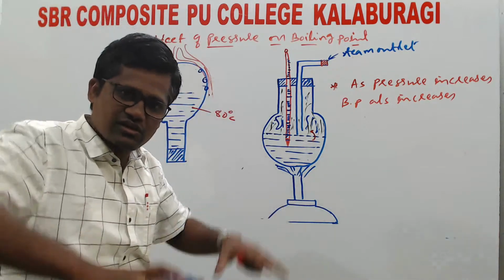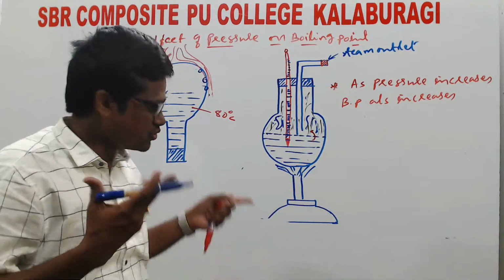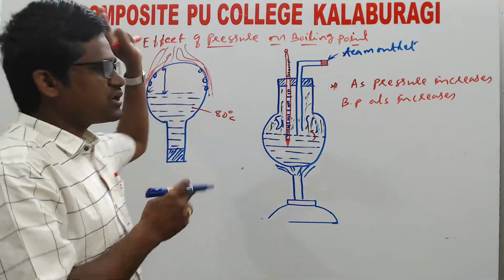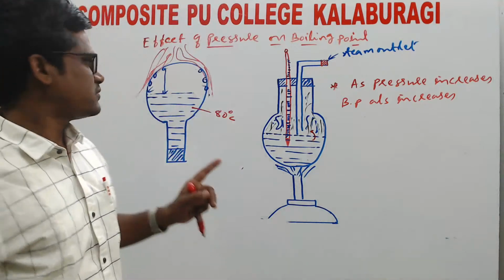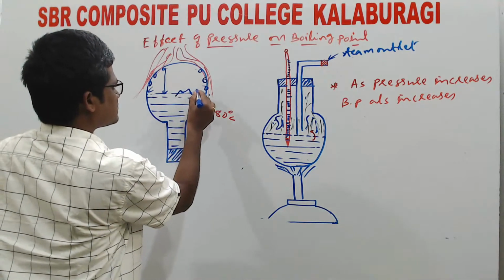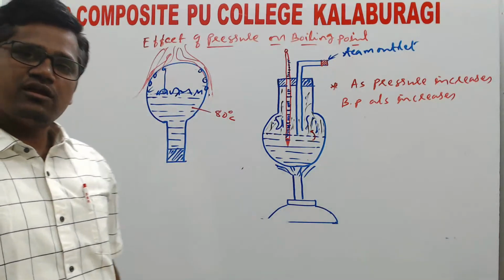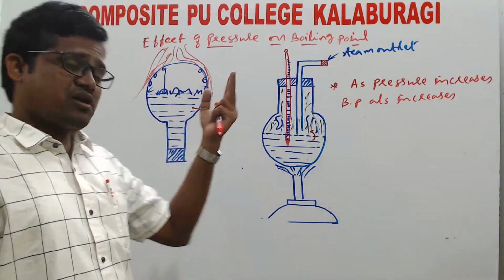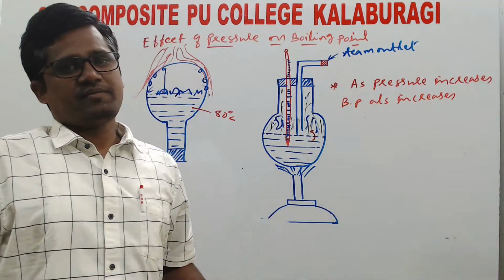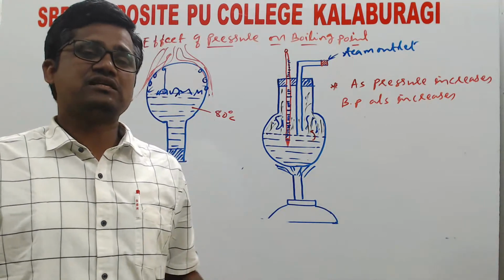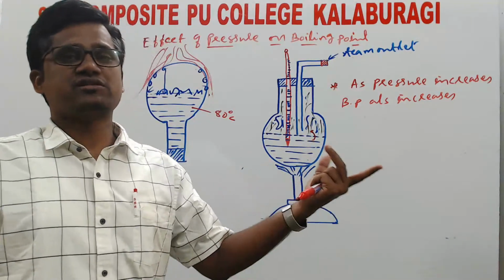As the pressure on the surface of water decreases, you will find it automatically starts to boil. Boiling starts even at 80 degrees. As pressure becomes less than 1 atm, water may boil at less than 100 degrees, even at 70, 30, or 20 degrees.